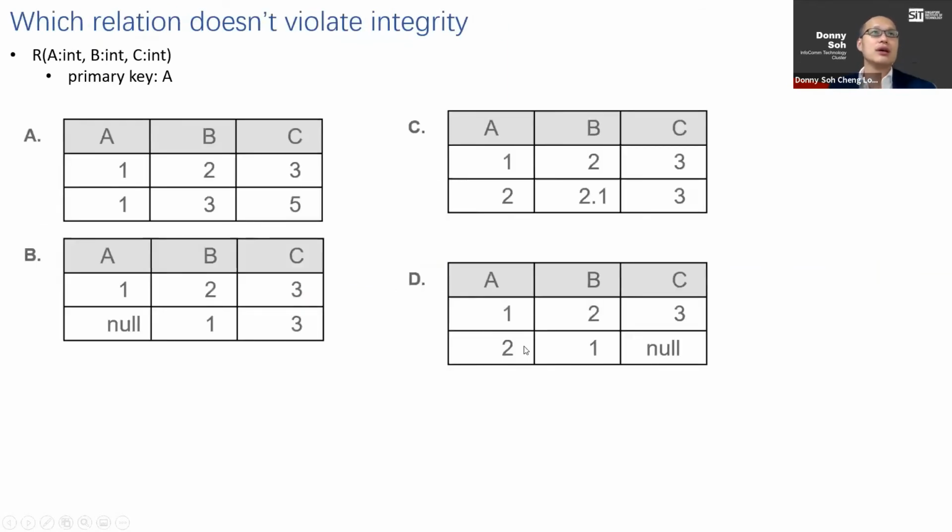Look at the second one. Which relation does not violate integrity? Is there a Shurash? Are you there? Which one do you think does not violate integrity? D. May I ask why?